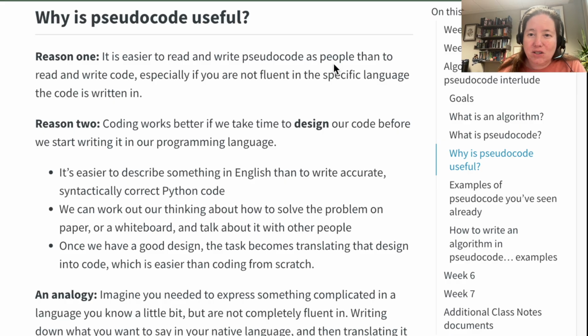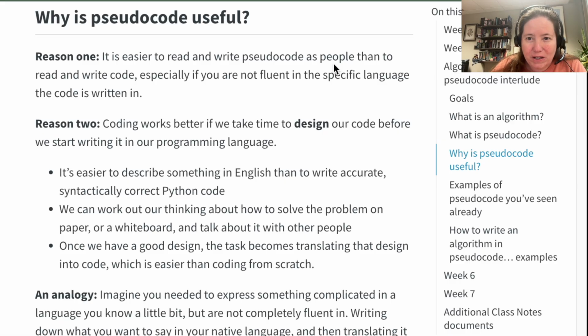Writing out the steps in pseudocode is faster and easier, especially if you and the person you're talking to aren't necessarily fluent in the same specific language. Sticking to pseudocode lets you communicate better. It's easier to write, ideally, and it's something that is easier to read for us human beings.